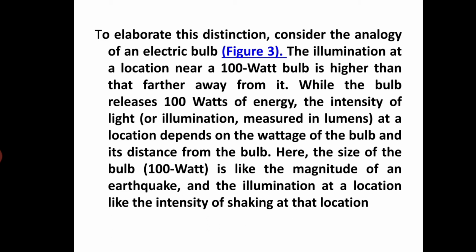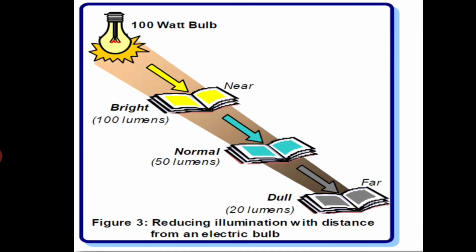Here, the size of the bulb, 100 watt, is like the magnitude of an earthquake, but the illumination at a location is like the intensity of shaking at different locations, which are very different.